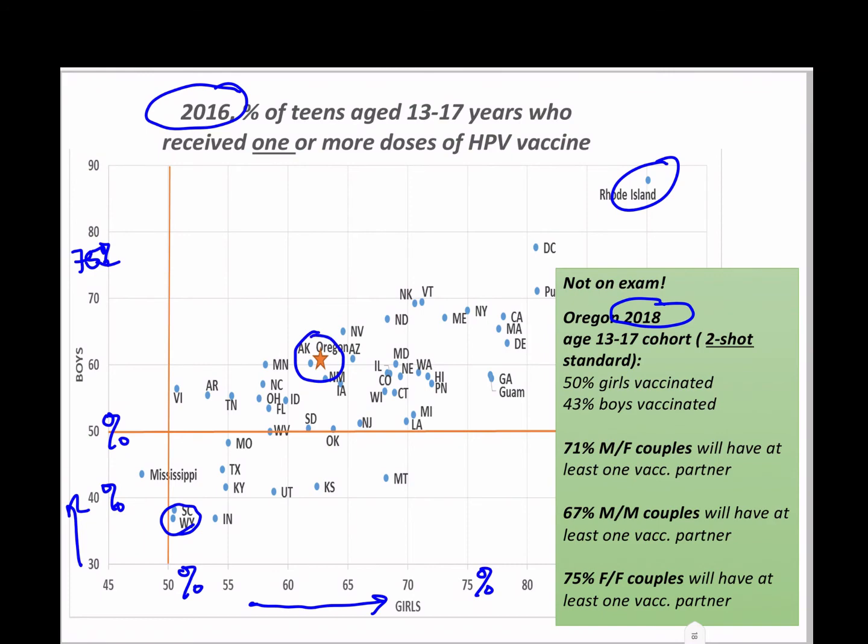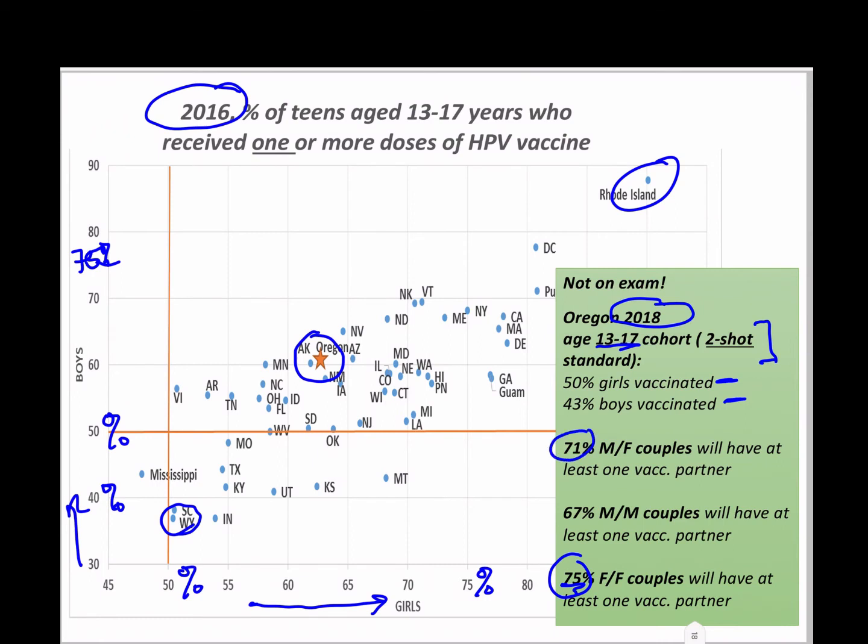So in 2018, the last data I could get a hold of, when they looked at 13 to 17-year-old kids and whether they'd had both shots, about 50% of the girls had been vaccinated and about 43% of the boys had been vaccinated. And so when you run the stats on that, because more females had been vaccinated, female-female couples are going to have a higher rate that at least one of the partners is vaccinated, about a 75% chance that at least one of the partners was fully vaccinated.